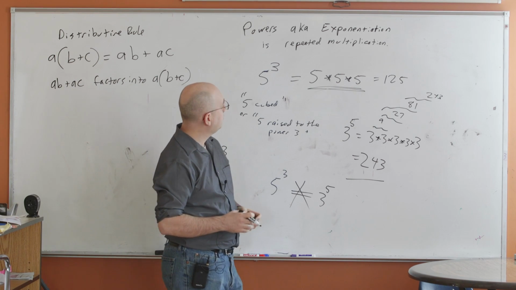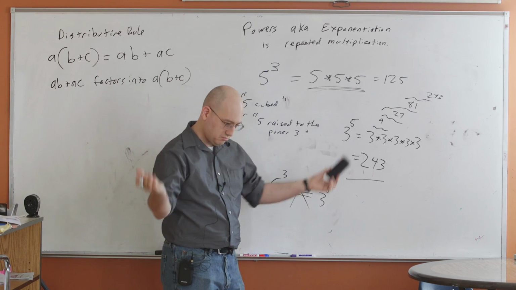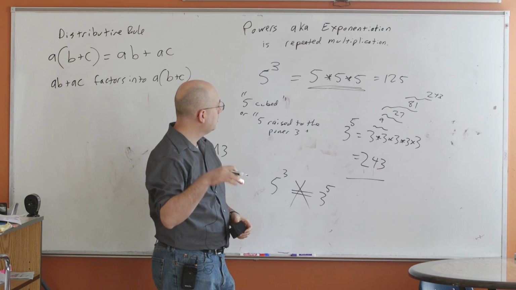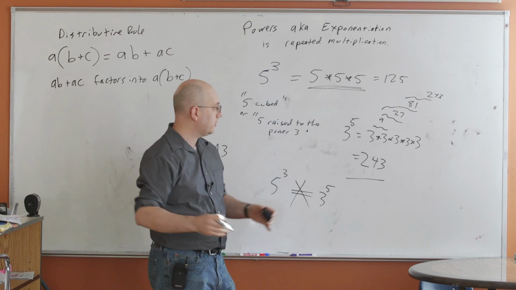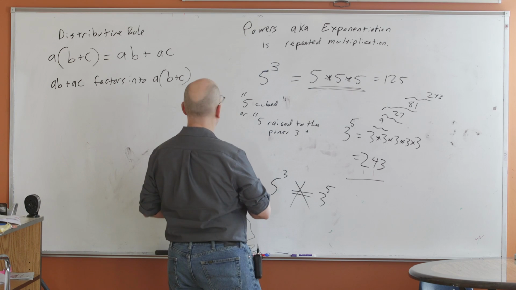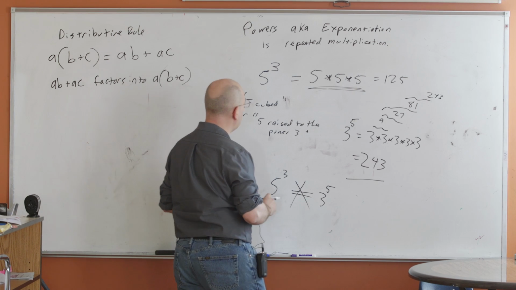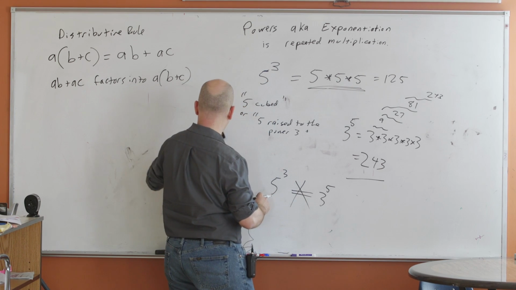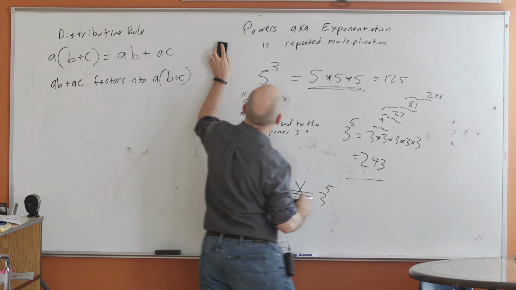And then 5 to the 5 would be on the order of 3,000, and so forth. It grows very quickly. So that's that. Now, there are some rules of dealing with powers.